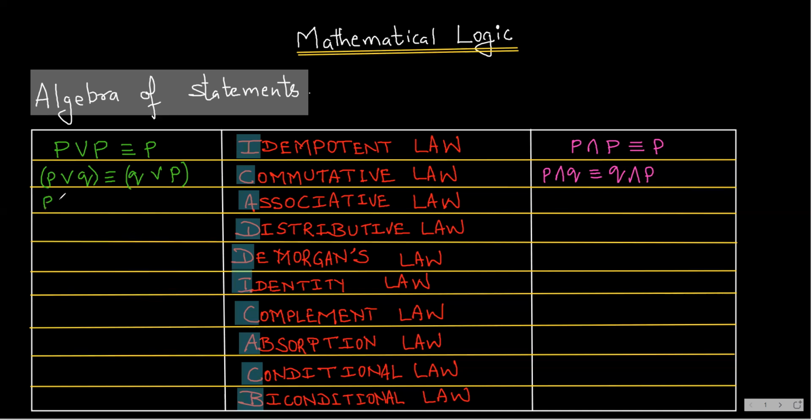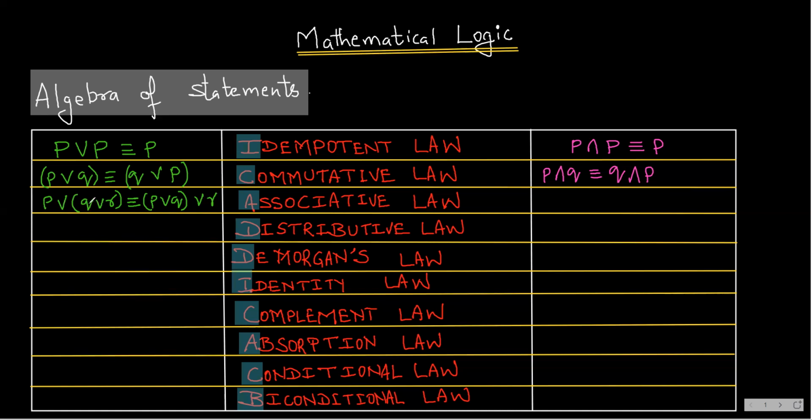See, P or Q or R. So first I take the combination, I'm making a bracket for Q or R. Q disjunction R. I'm making a combination of Q or R. Then the end result of these two I will take with P. It is going to be same if I take P or Q, or R. On the right hand side, I'm first taking the combination of P with Q and then with R. What is important here, the connectives are same.